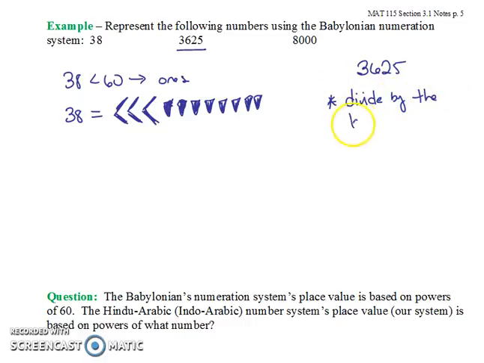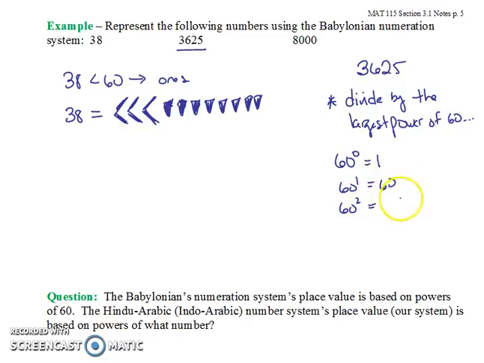I'm going to divide by the largest power of 60 first. So 60 to the 0 power is 1. There's our 1's. 60 to the 1 power is 60. There's your 60's. 60 to the 2nd power, that's 3,600. We're not going to go beyond that. So 60 to the 3rd power is just way too big for us to worry about.